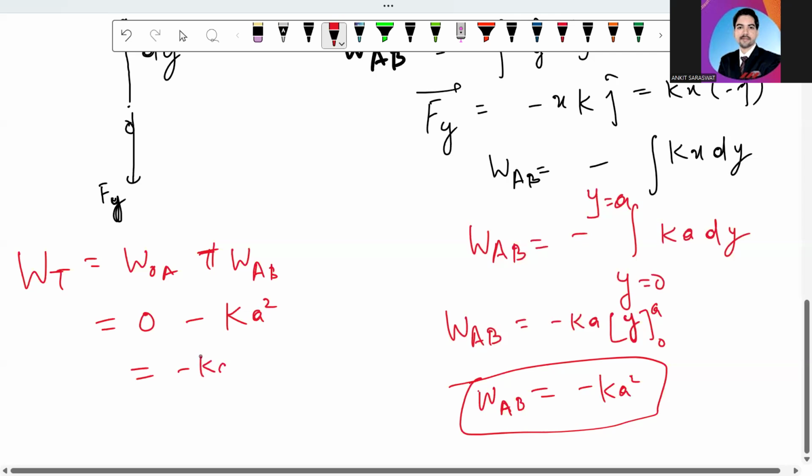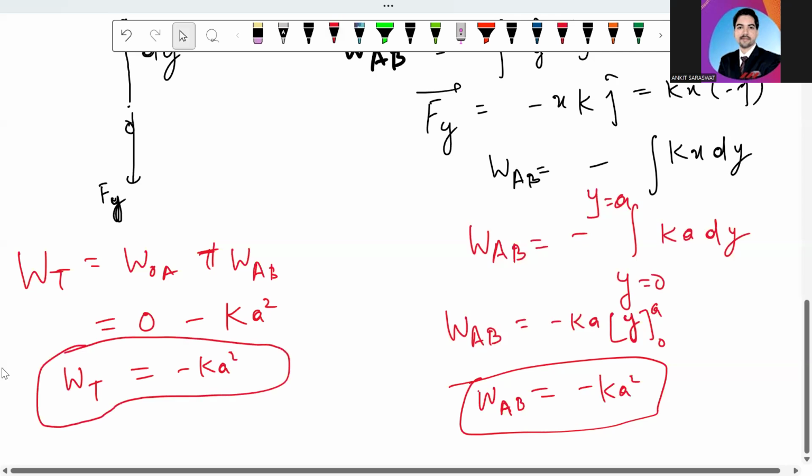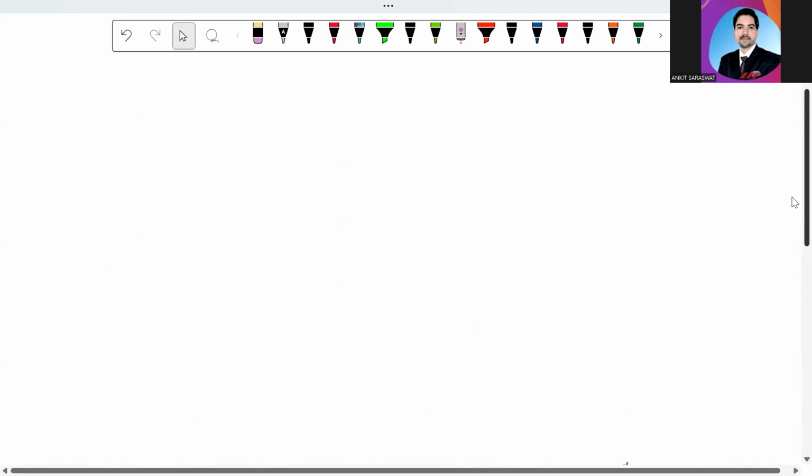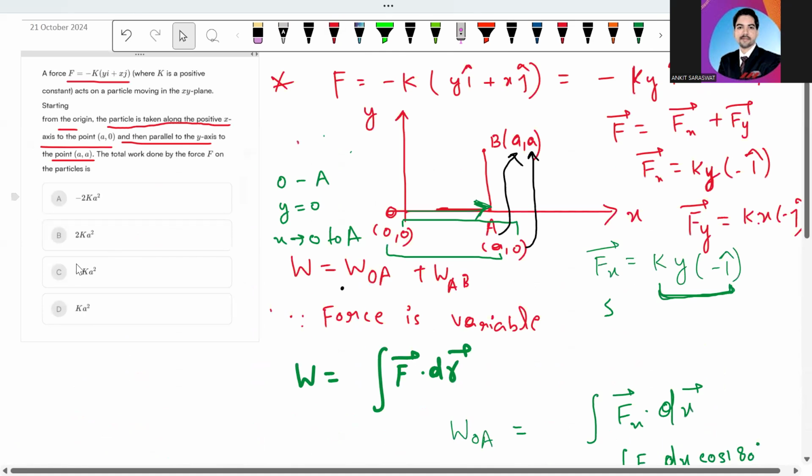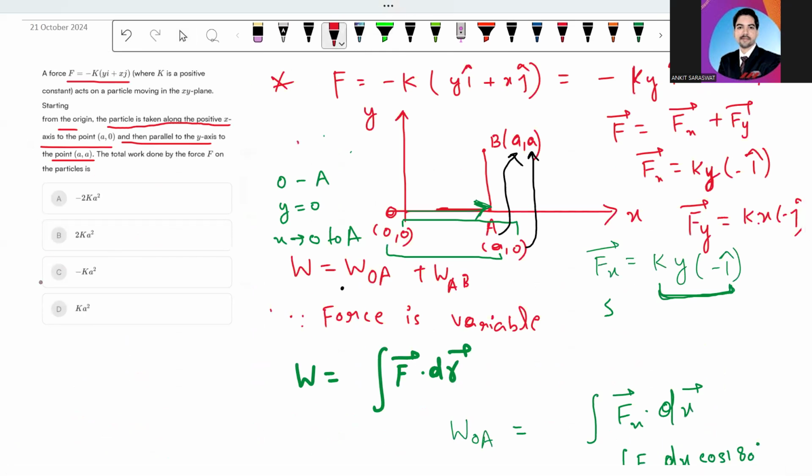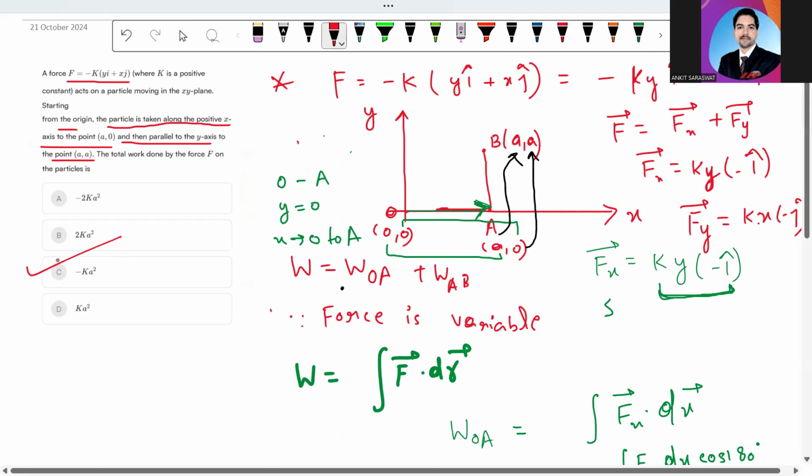This is the answer, total work. Clear? I hope this is clear to you, and if you still have doubt, you can ask me. What is the answer? Minus Ka squared, option C. Clear? Thank you so much.